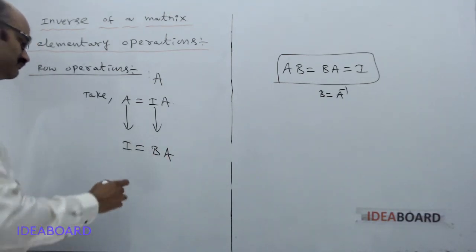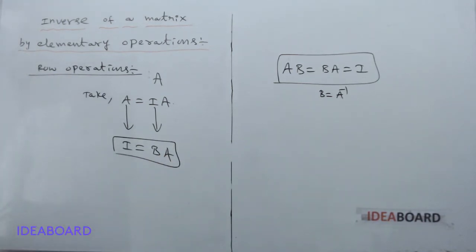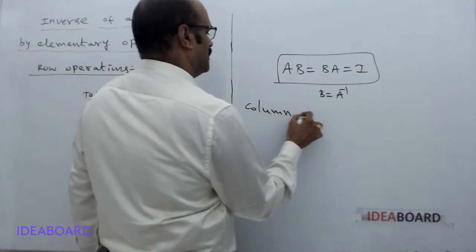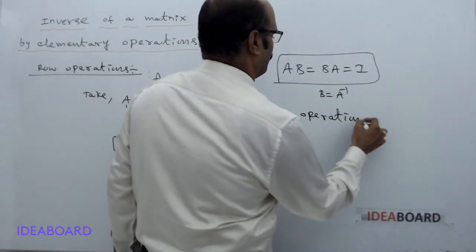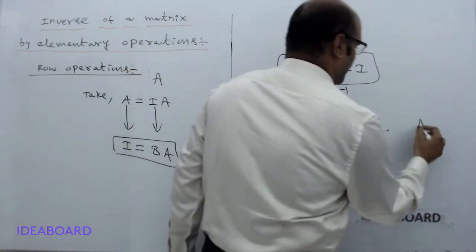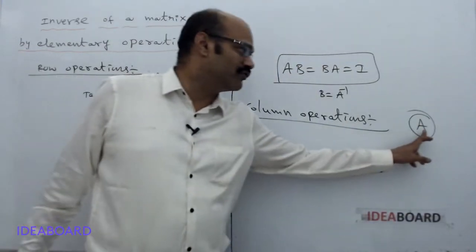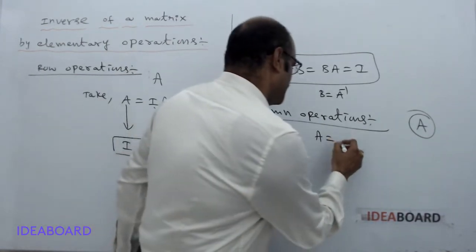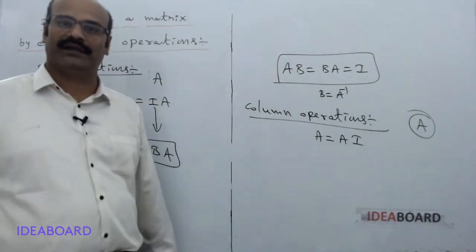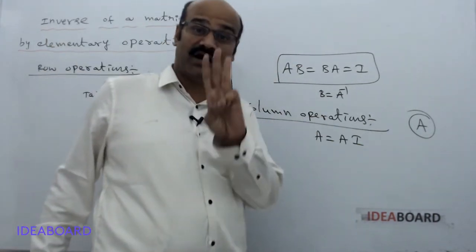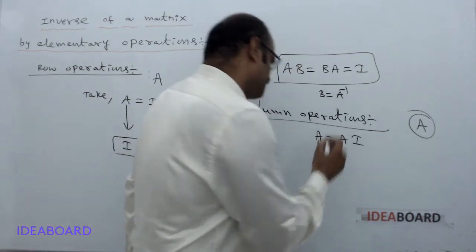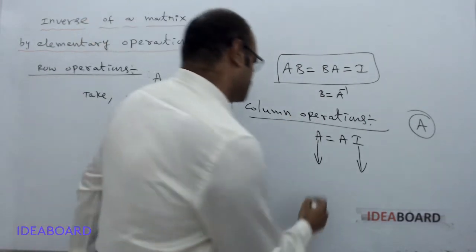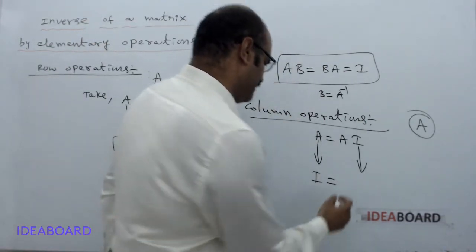Now if you want to apply column operations for the matrix A, what we have to do is take A equal to A into I. Now we have to apply the 3 column operations on this matrix till we get I equal to AB.